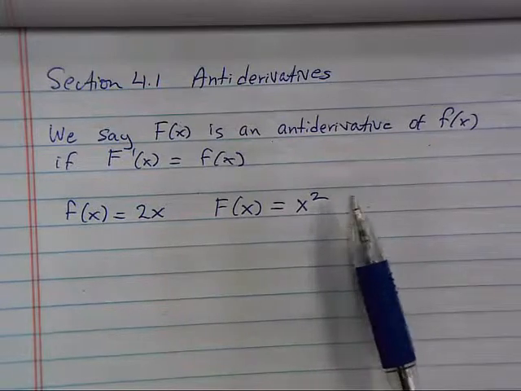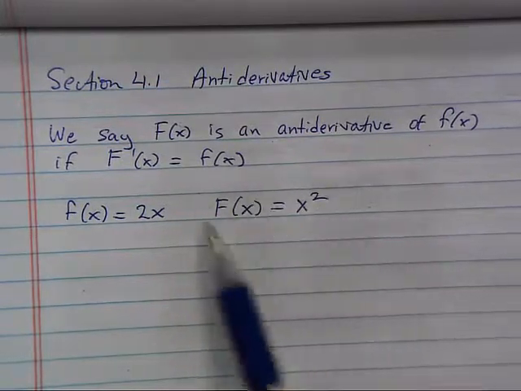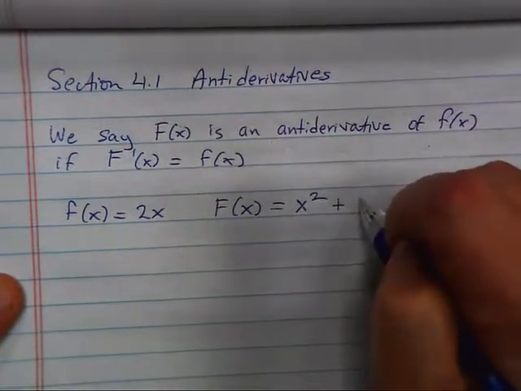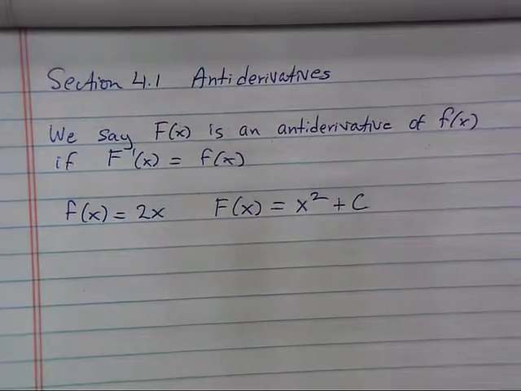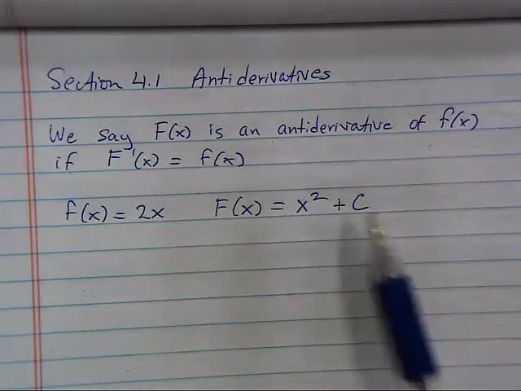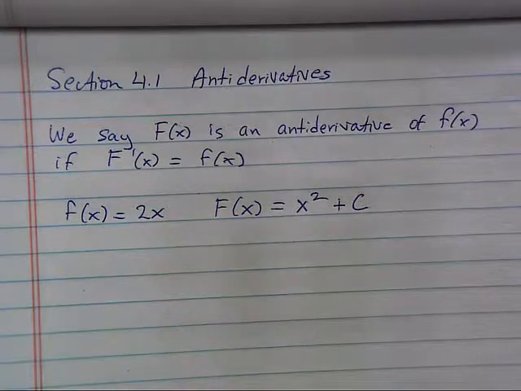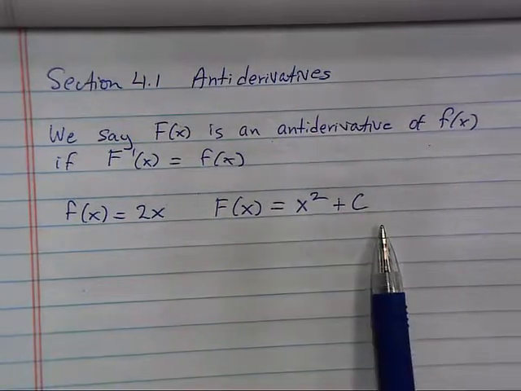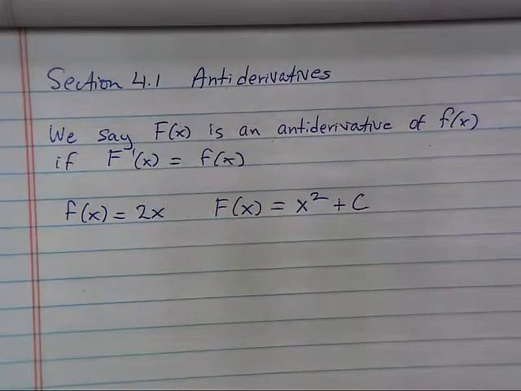So what we tend to do is say the answer is f of x equals x squared plus c, where plus c means you can tag on any constant you want on the end. Just because I write plus c, does it mean it has to be a positive number? No. c could be the number negative 10, so it could be x squared plus negative 10, which would be x squared minus 10. So there's not just one correct answer, there are an infinite number of correct answers.